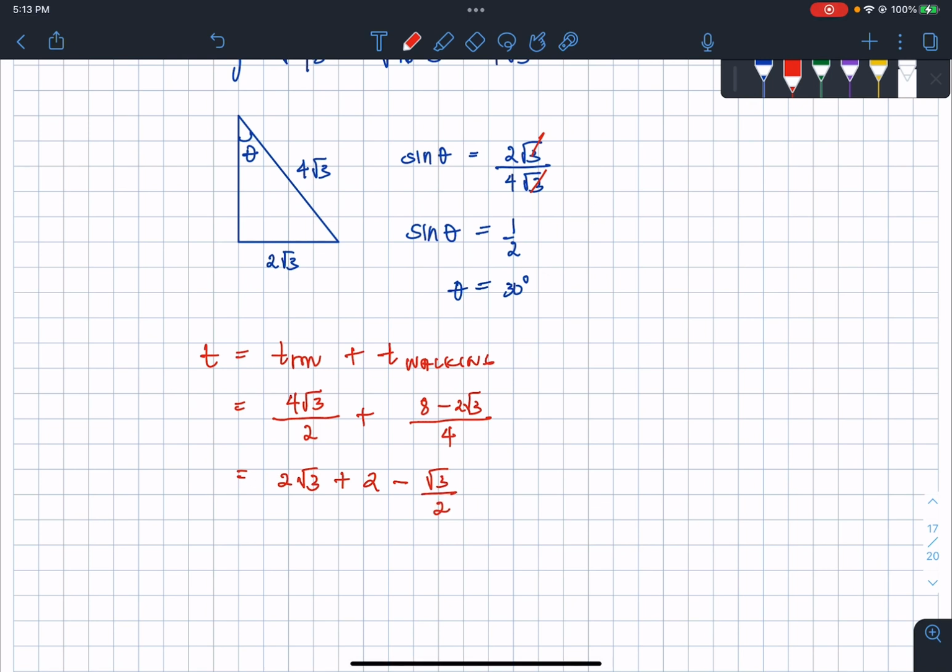So let's try to find, so what is that time? 2 square root of 3 and then plus 2 and then minus square root of 3 all over 2.